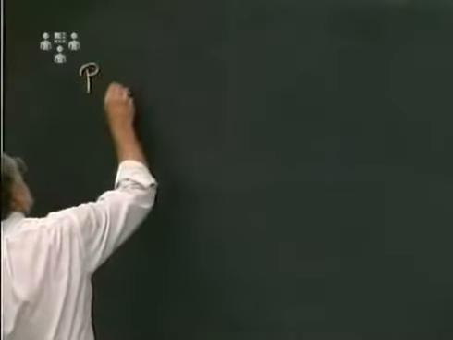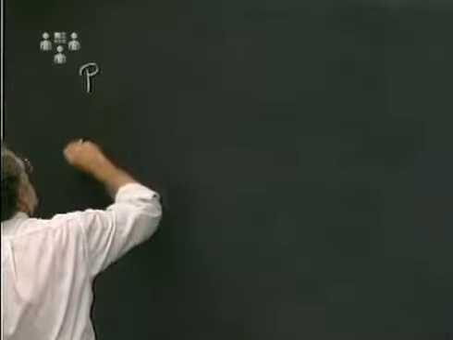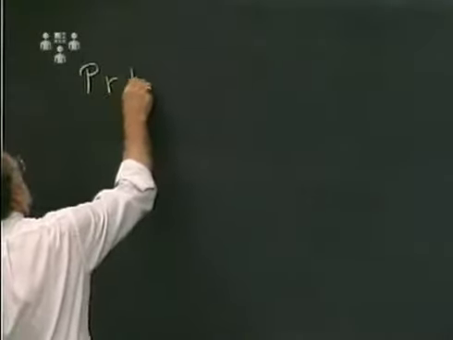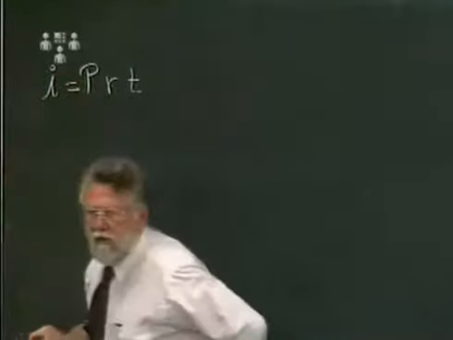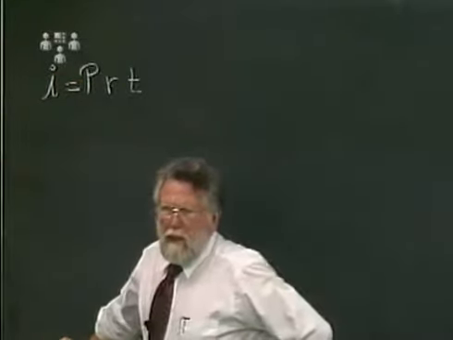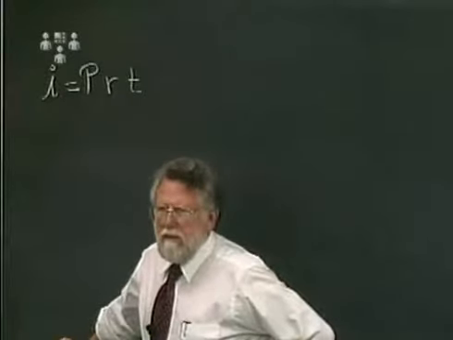if you look at our formula in terms of PRT. Now I'm going to try to review a few things here. Interest is the principal multiplied by the rate multiplied by the time.